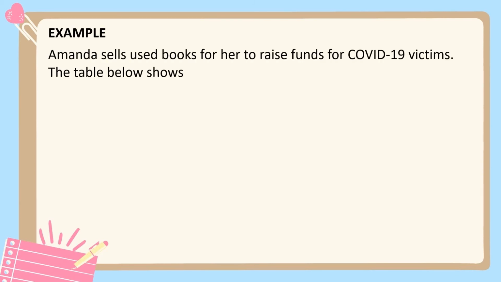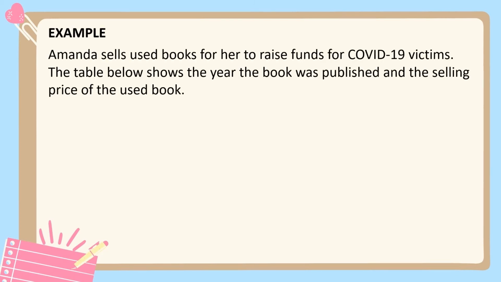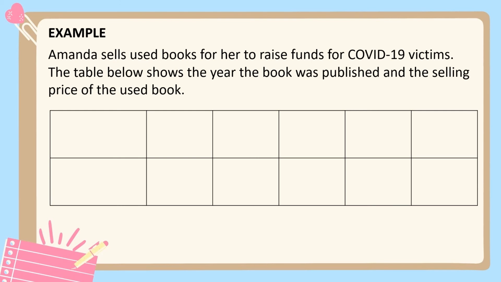For our third and last example, Amanda sells used books to raise funds for COVID-19 victims. The table below shows the year the book was published and the selling price of the used book. For the year 2016, the price is 30.